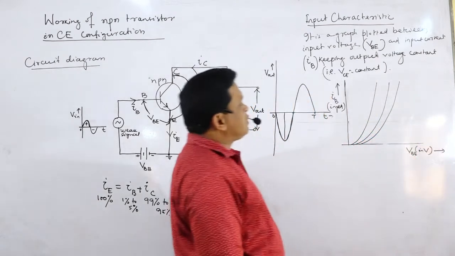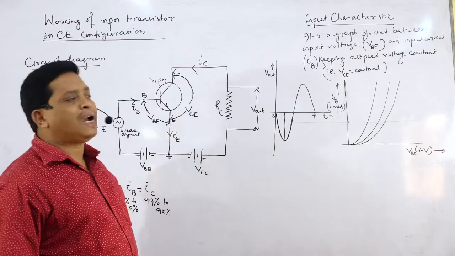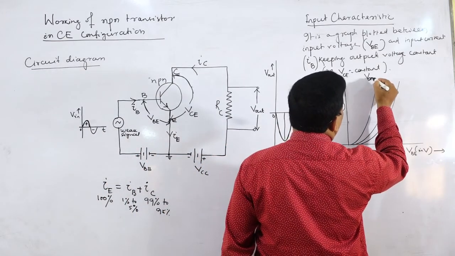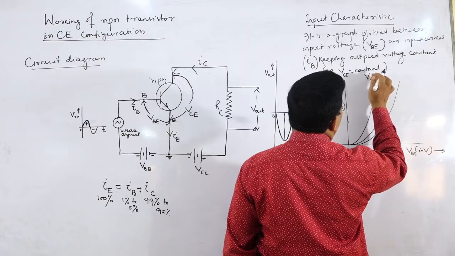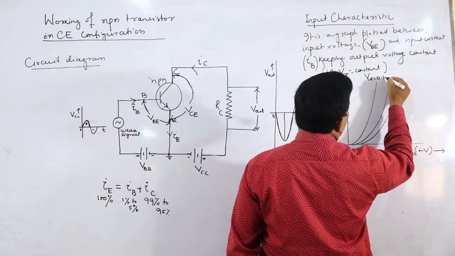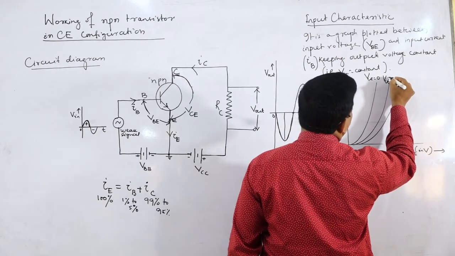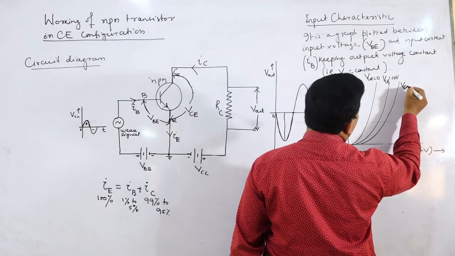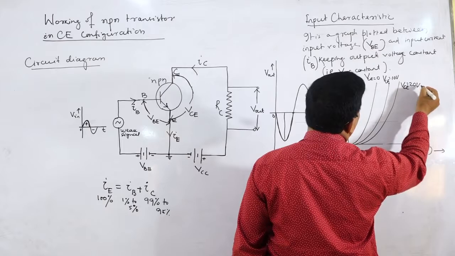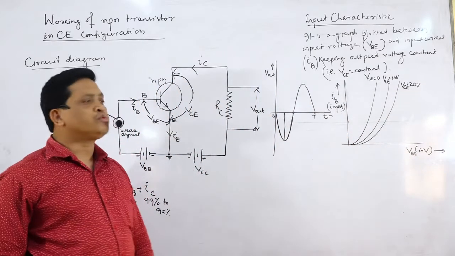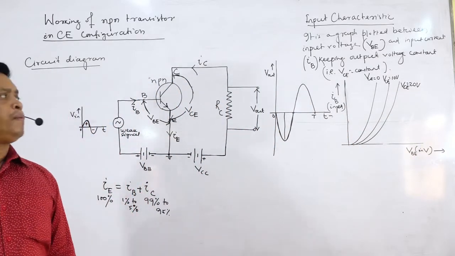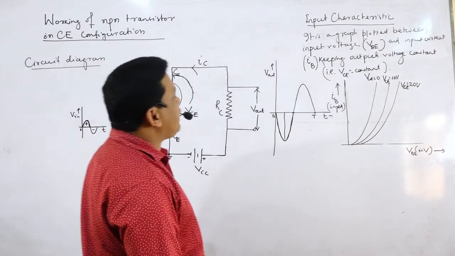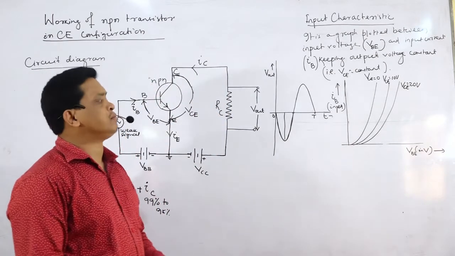These are the three sets of input characteristics. The first one is when VCE equals 0, the next when VCE equals 10 volt, and this one when VCE equals 20 volt.